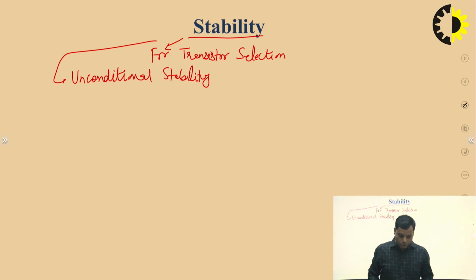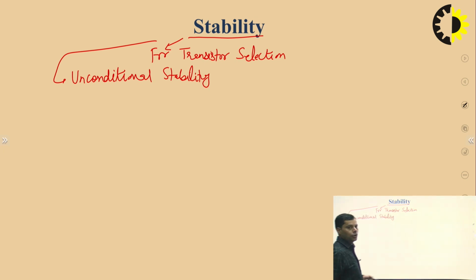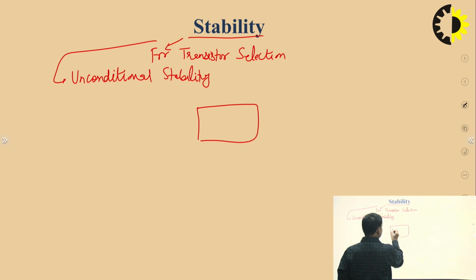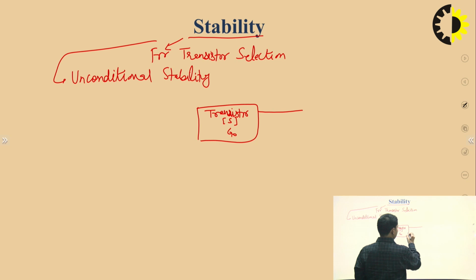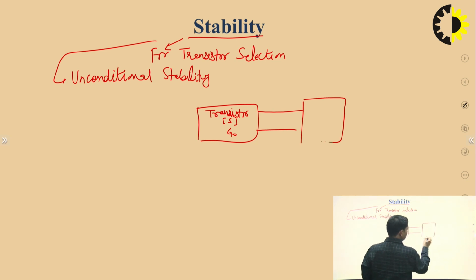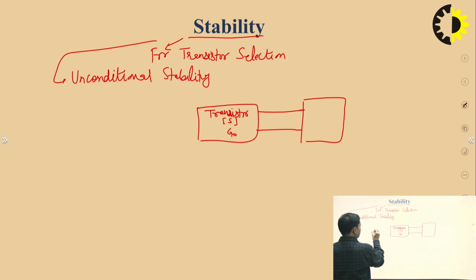But before going into the process, let's see why we need this stability condition and how it is required. For that, we have to design a simple microwave amplifier circuit. A basic circuit for the general microwave amplifier design is given by this figure that I am drawing here. First of all, there is the transistor, which has a scattering matrix and gain G naught.